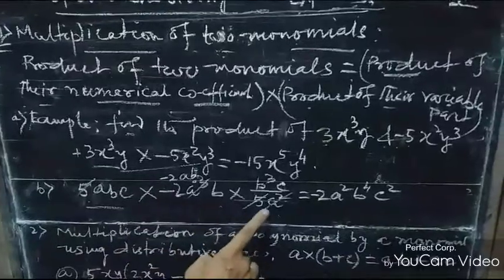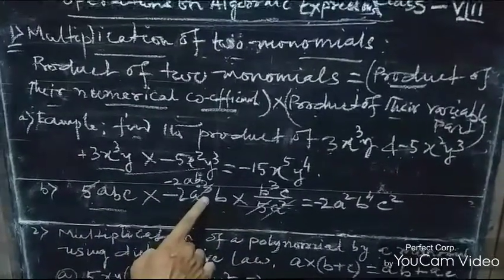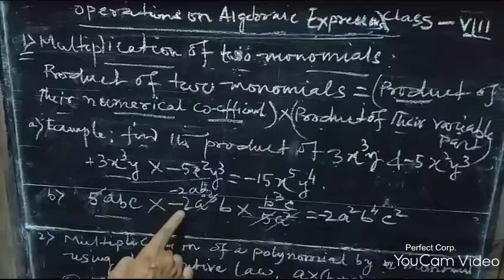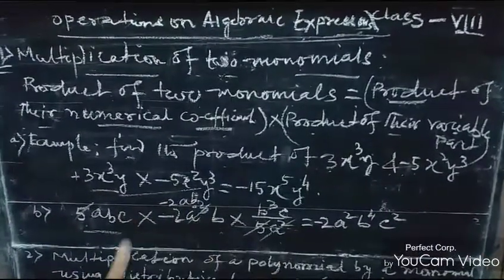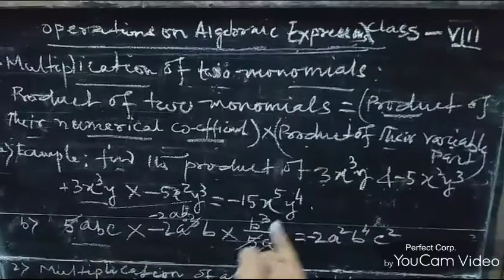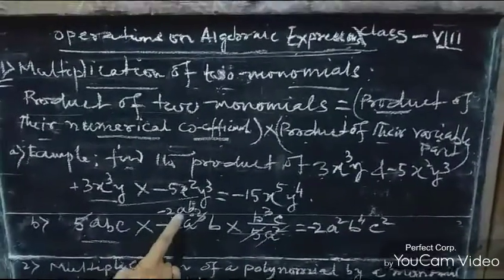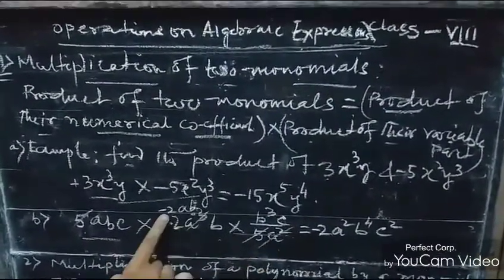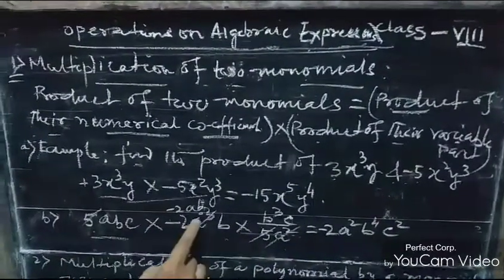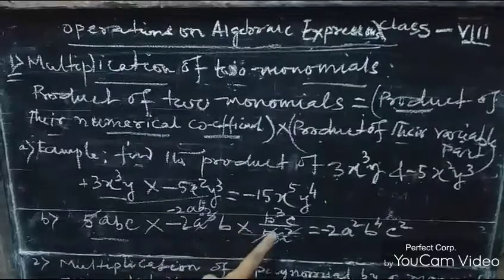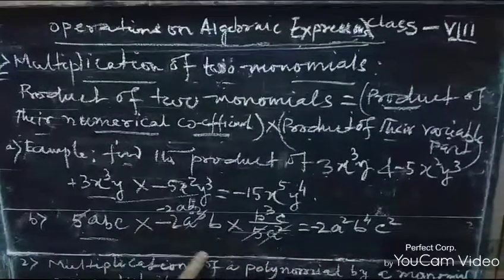This is a square and here is a cube, so we can cancel those. This is minus 2a into b, because a square is cancelled. Now all these terms are in the numerator. For the sign, minus into plus will be minus. Only 2 is remaining in the numerical part.